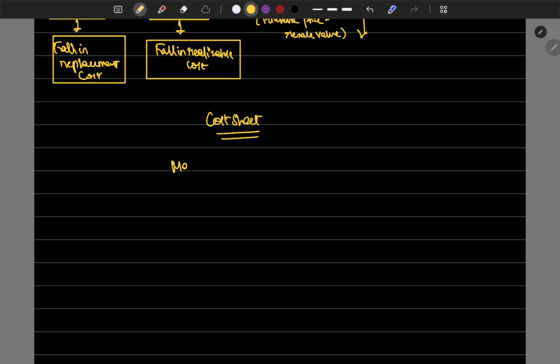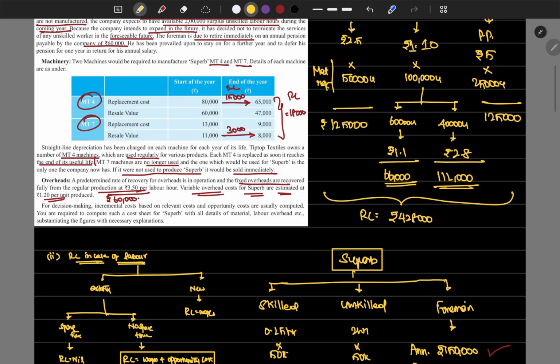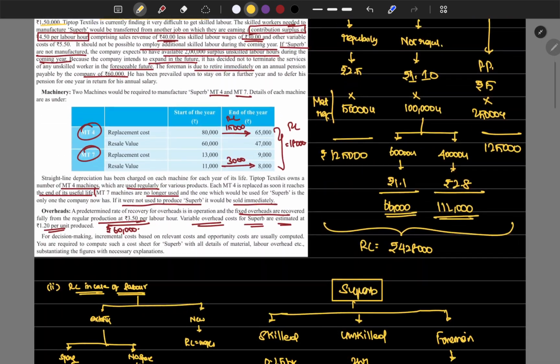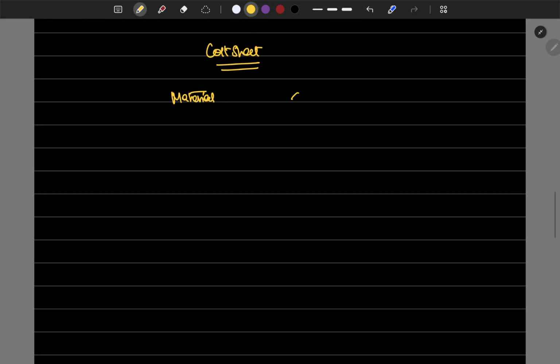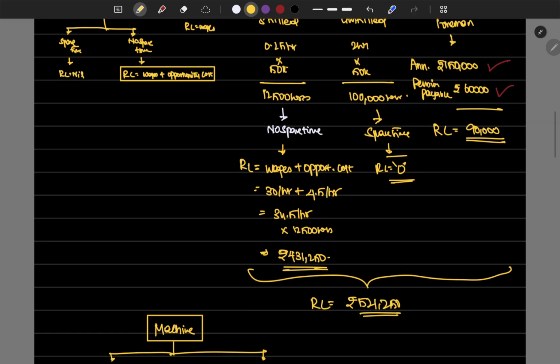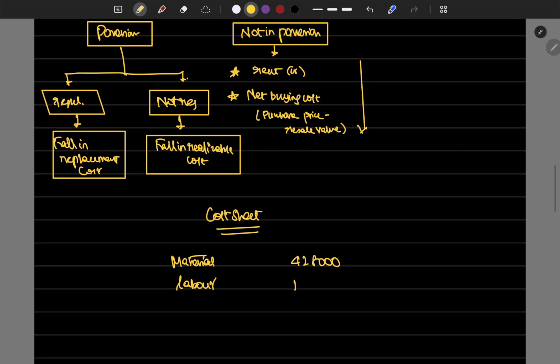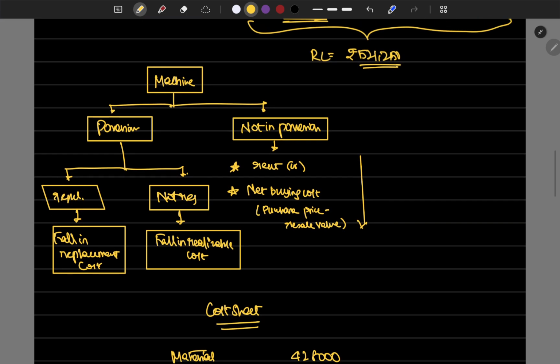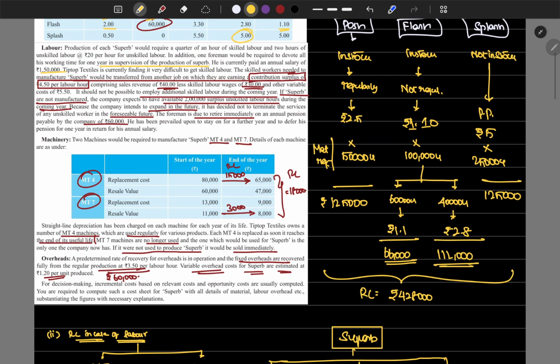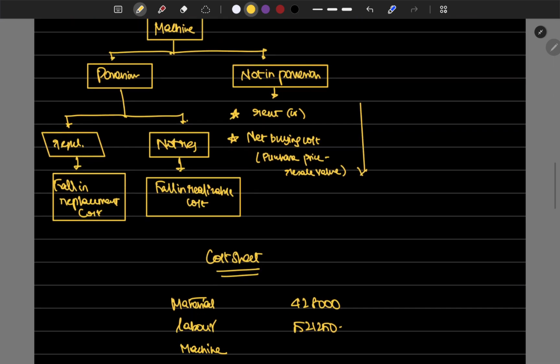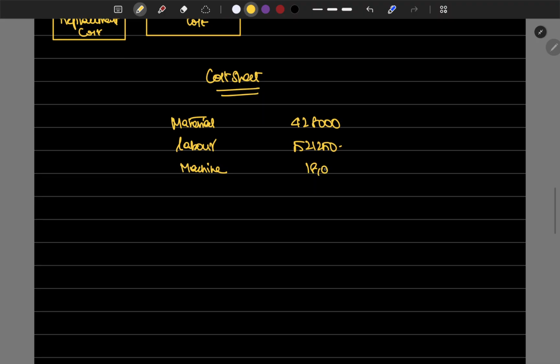Cost sheet. The relevant cost of material is 4,28,000. The relevant cost in case of labor is 5,21,250. The relevant cost in case of machine is 18,000.